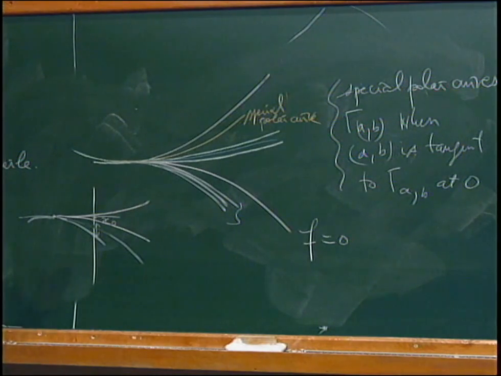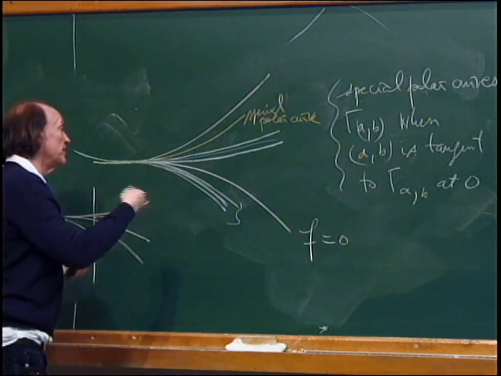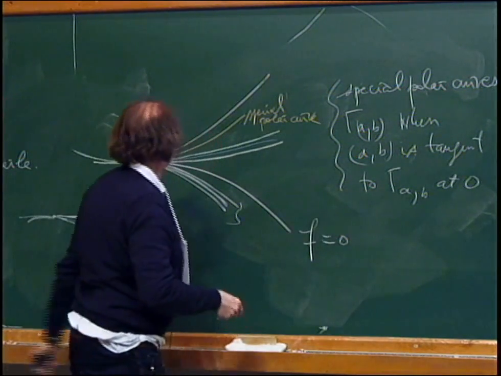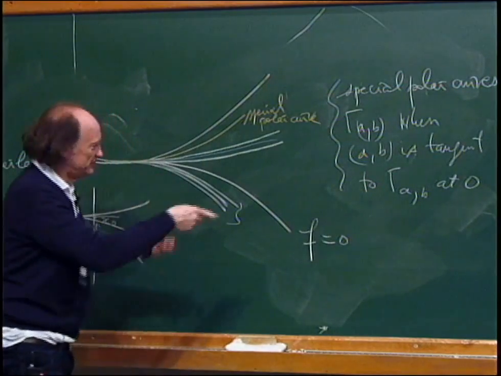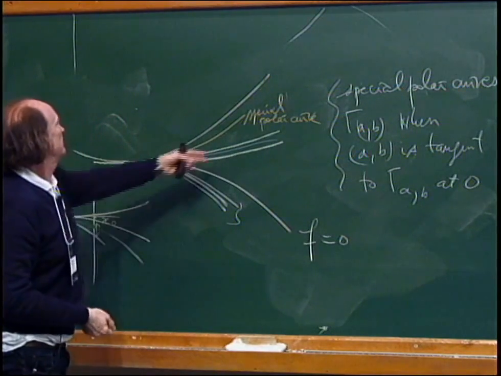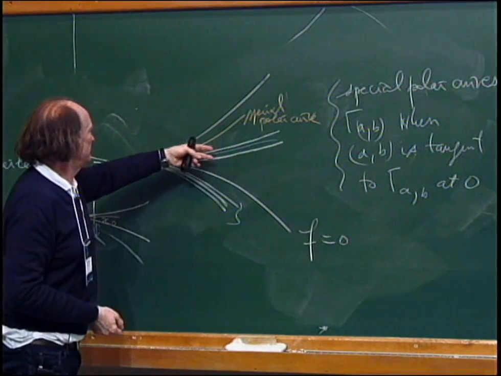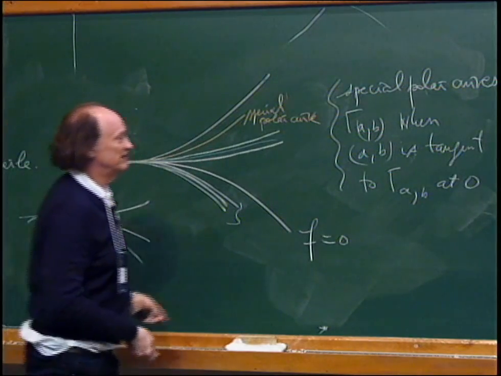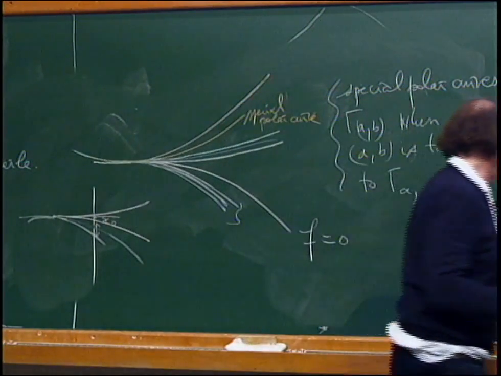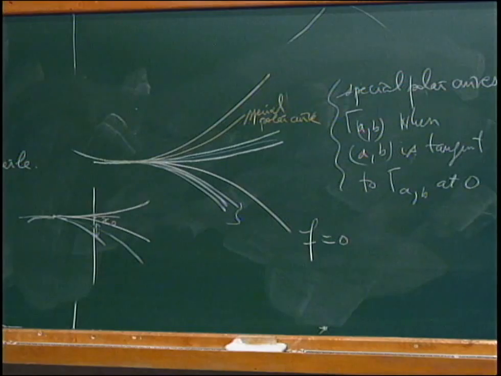So that's a way to filter the procedure and to say, okay, we have to wait doing the induction simultaneously when the Puiseux series of f equals 0 and of a polar curve have a coefficient which is different.